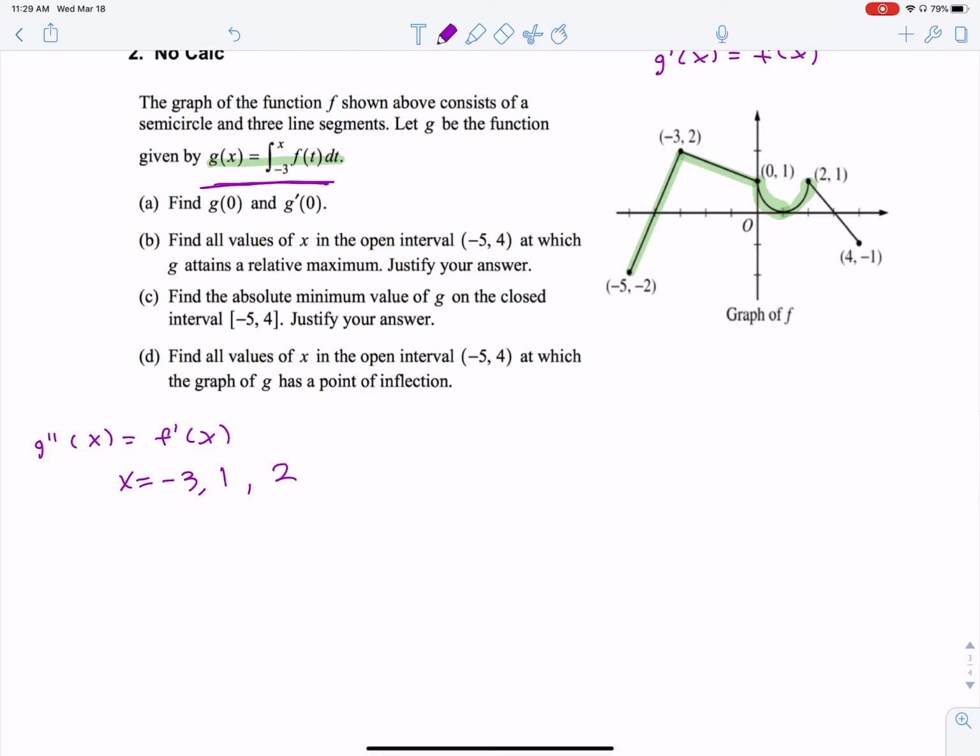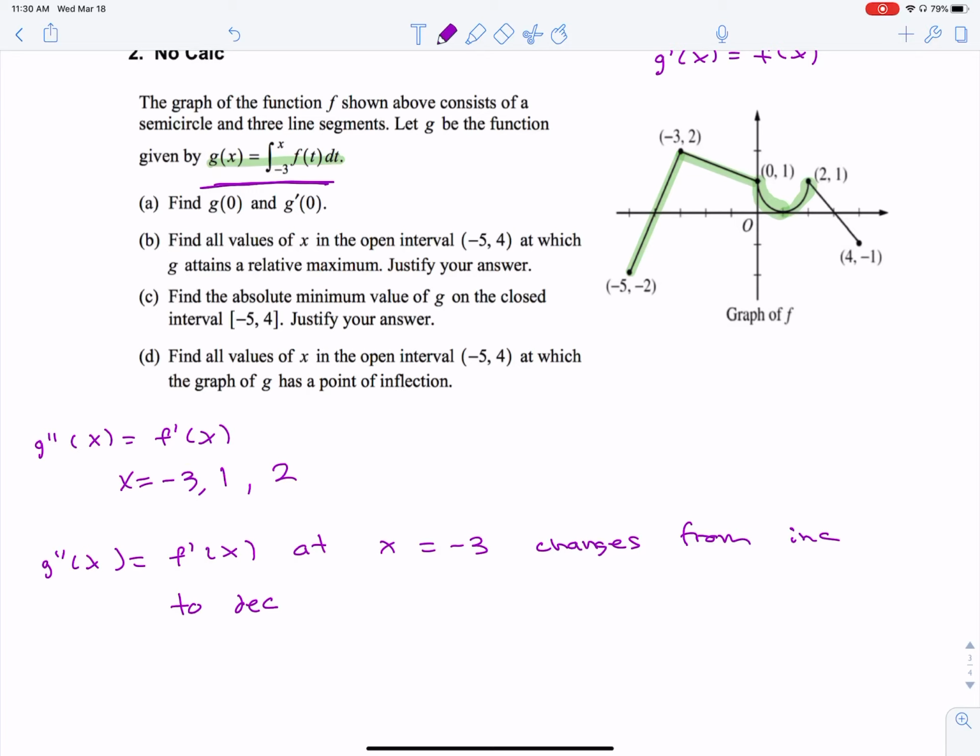What I would say is, I want to make sure I don't mess this up, so I'm going to say g double prime of x, which equals f prime of x, changes at x equals -3 from increasing to decreasing. And so therefore, there's an inflection point at -3.